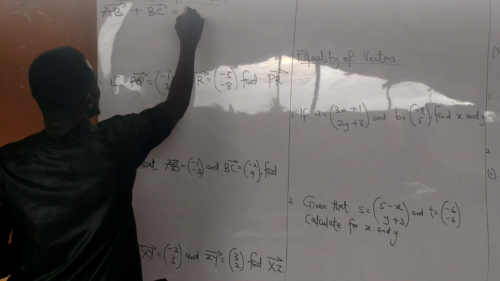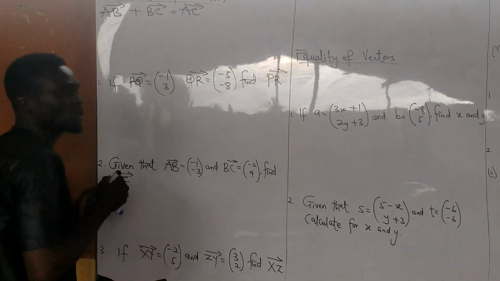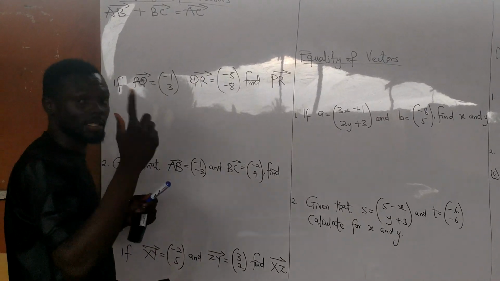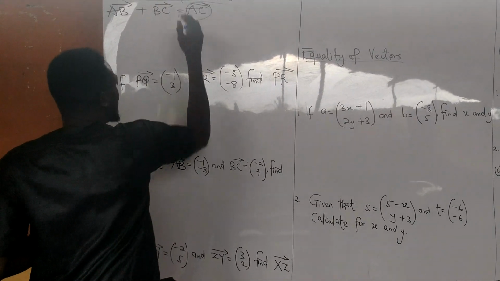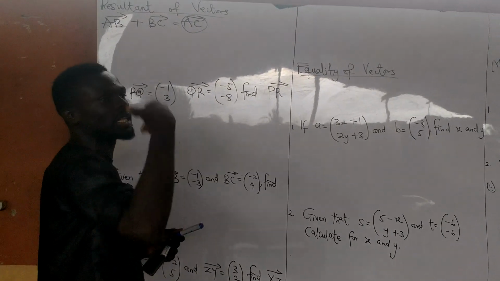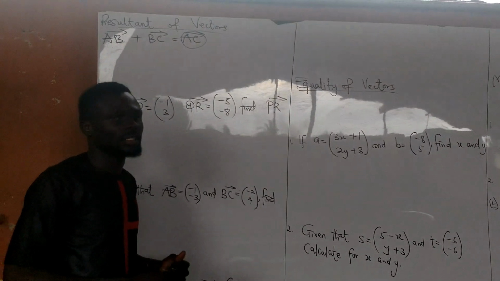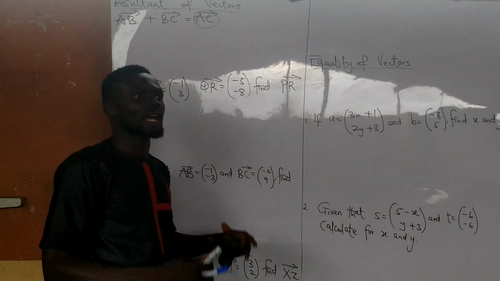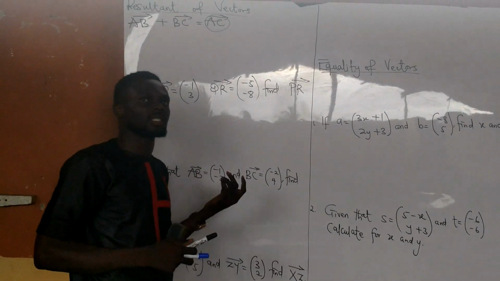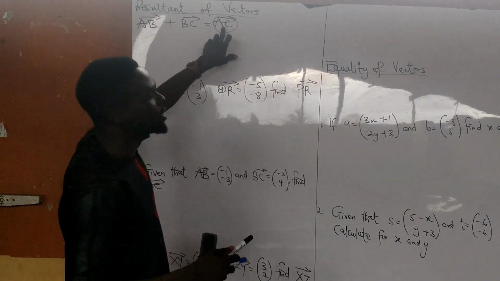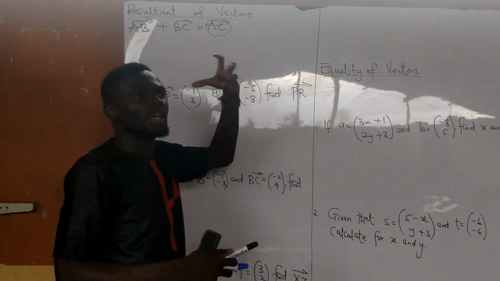Now this is giving us the vector AC. So we say the vector AC is a resultant vector. That is what we had after adding or putting the two vectors together. So we call this vector a resultant vector.